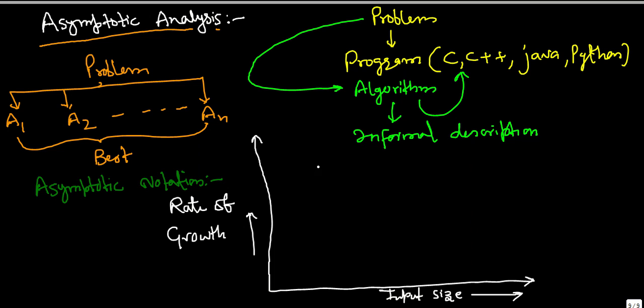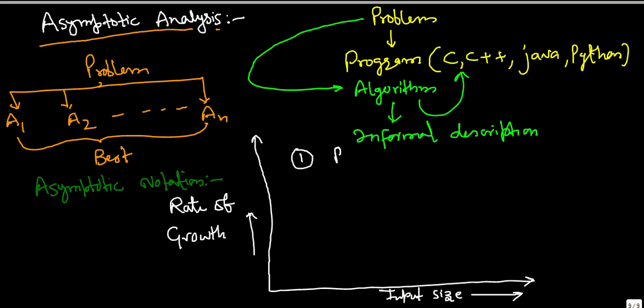So in computer science we have some notations to compare the algorithms, and we will start with the first one. We'll just see how many notations we have, and then in the next lecture we are going to discuss all these in detail.